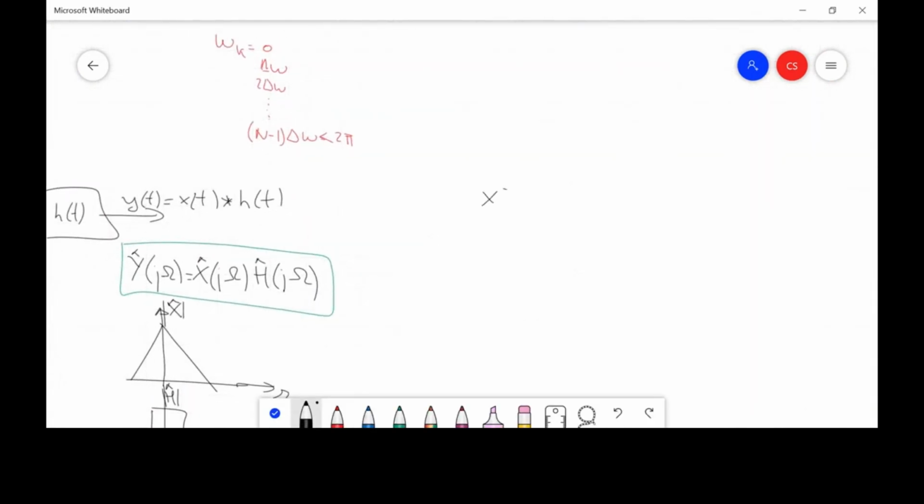So we have x of n convolved with h. Okay, so let's see what this is. You may remember the formula. The formula is this one: the sum from minus infinity to infinity of x of m times h of n minus m.